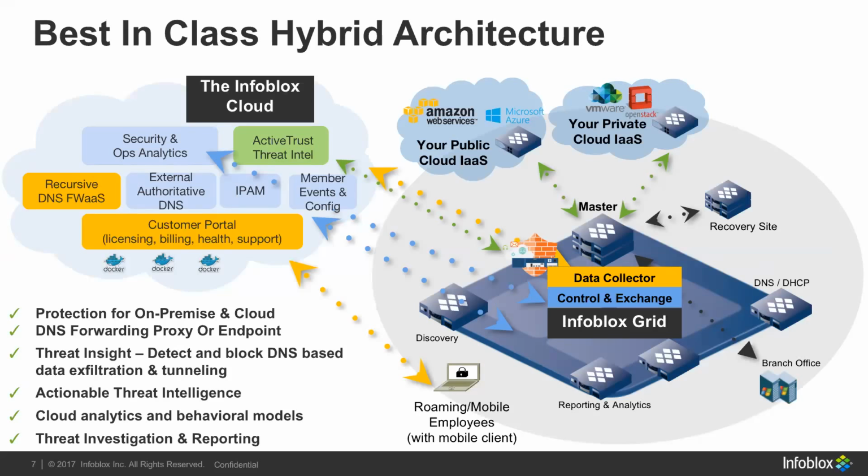We can provide MAC address and DHCP fingerprints, as well as the source IP of the initiating end host making the DNS request. We're able to collect all that information utilizing the DDI footprint that you have in place today.